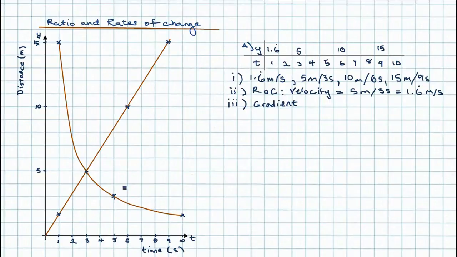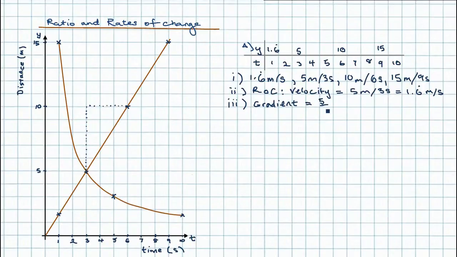So if I take these 2 points here, I've got the rise. So how much does it rise? Well, let's just put some dotted lines on here. So it rises up 5 to get to here. Okay, so that's the rise. Over the run, it runs along 3. So gradient is rise over run, which is 5 over 3.